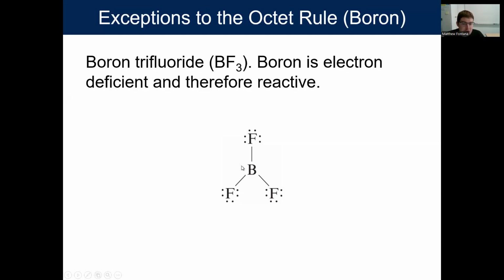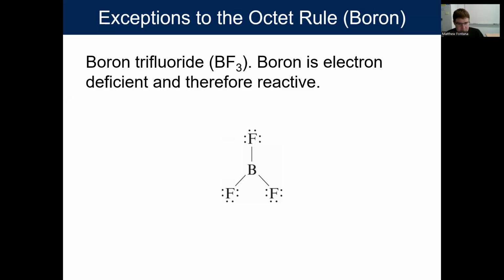It has two, four, six electrons associated with it. And then you'll notice the fluorine atoms do have one, two, three, four, five, six, seven, eight electrons associated with them. What this is telling you is that boron is electron deficient and therefore it is reactive. And so this is the correct Lewis structure for boron trifluoride.